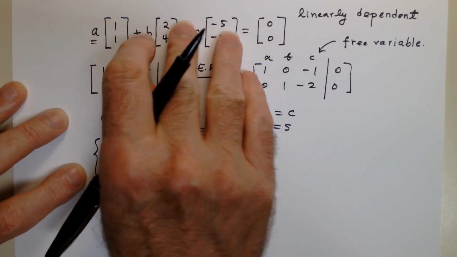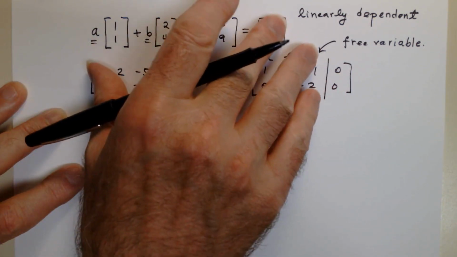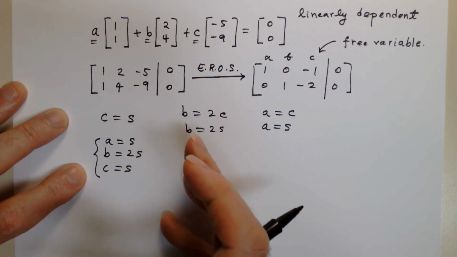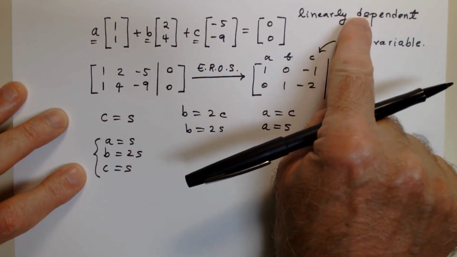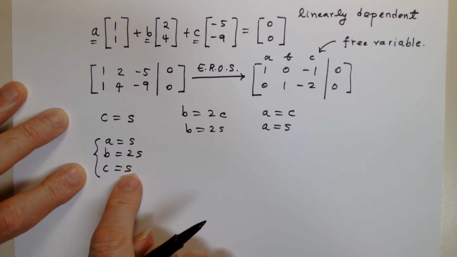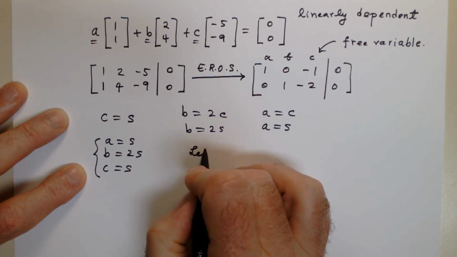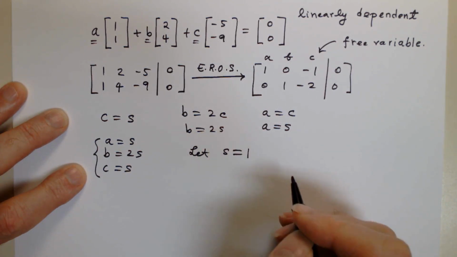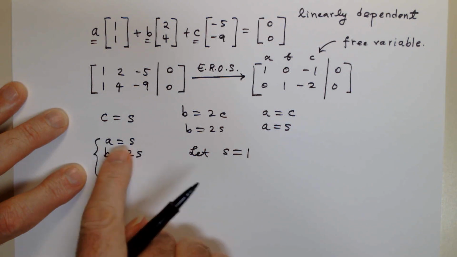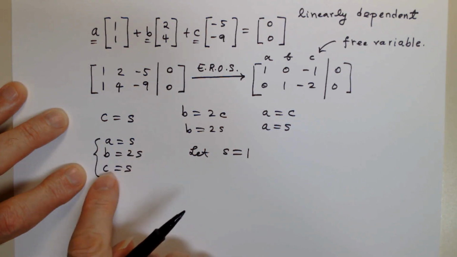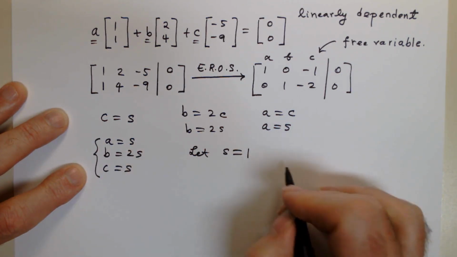And obviously that is a solution to this homogeneous equation, but it's not an interesting one. It's not the one that's going to give us the proof of linear dependence. Let's make a choice that gives us something interesting. Let's set S equal to 1. When we do that, everything snaps into place. A is equal to 1, B is equal to 2, and C is equal to 1.